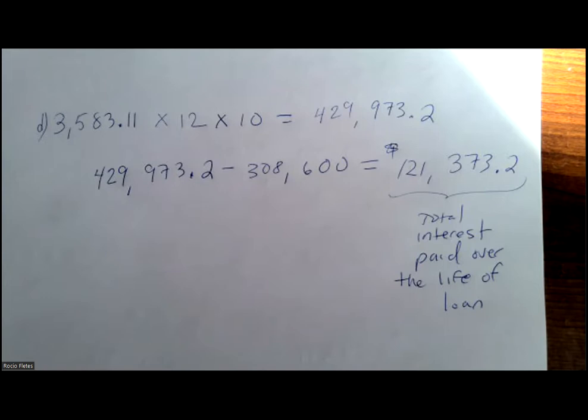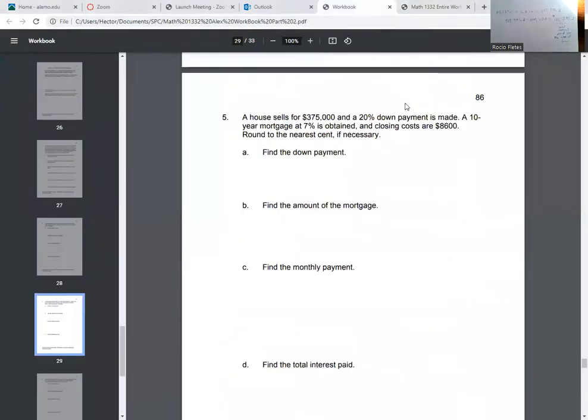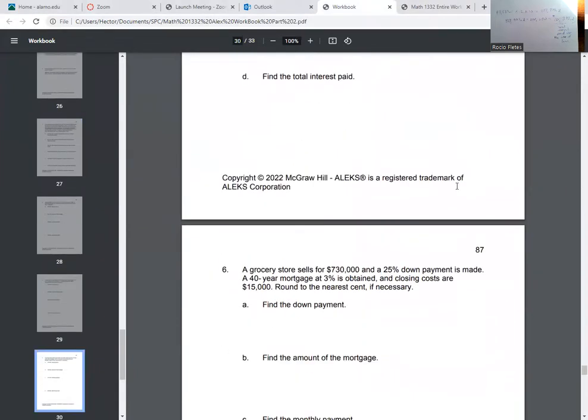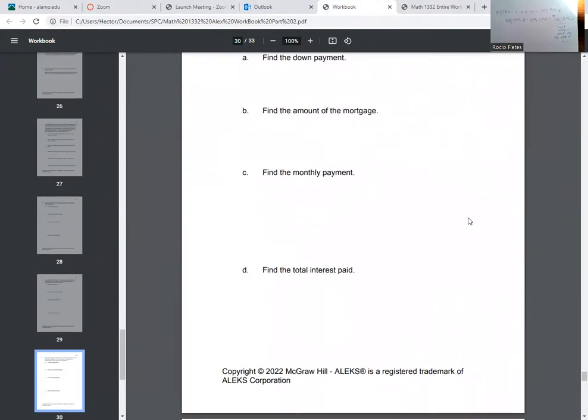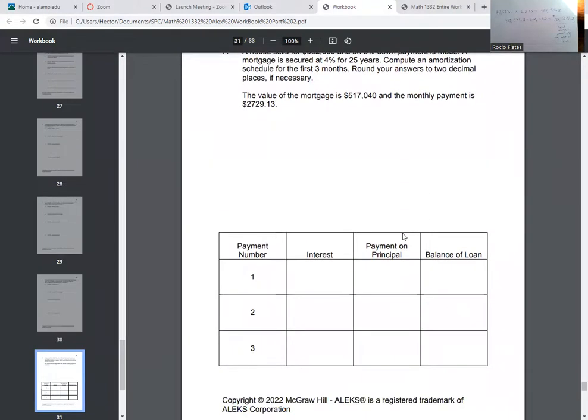Okay, I'm going to take you now to the next question. Let me go back to the workbook here. That was 5. We did all of that. And 6 is pretty similar. And 7 is different.